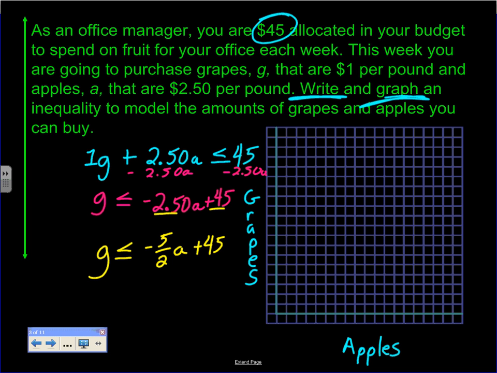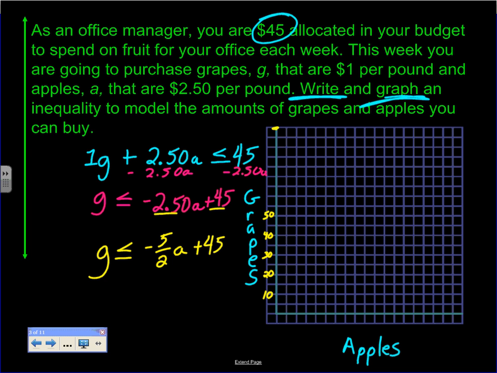So we're graphing this. We need to start at the y-intercept. Our graph doesn't go up to 45, so we're going to have to make some modifications here. Let's make each one 5, so each interval up along the y-axis will be 5.